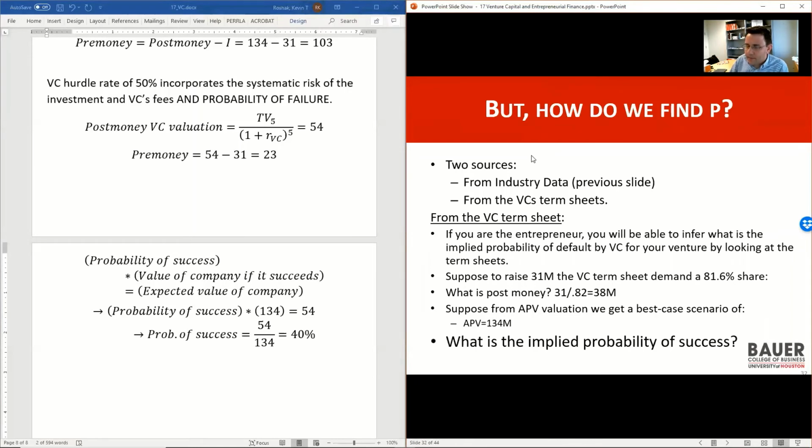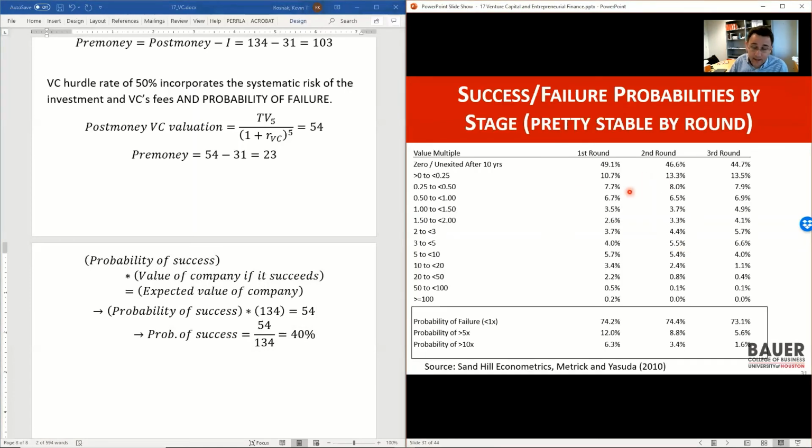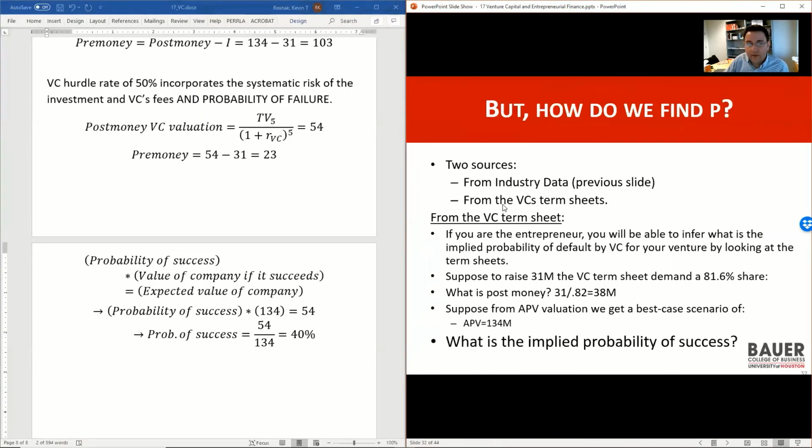How do we get this P? Well, we just inferred it here. More generally, you can look at industry data. That's what we saw on this previous slide. We see exactly how often companies are not giving anything back to VCs. You can also infer them from term sheets. Okay, so a term sheet, that's a contract that the VC writes with the startup. The headline number for these term sheets is a valuation.